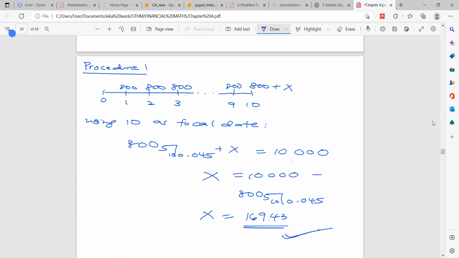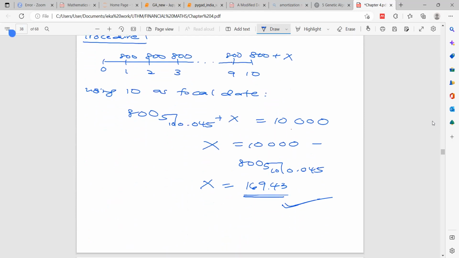Kalau procedure 1 ni maksudnya yang last payment tu melebihi daripada yang sepatutnya. So, regular payment kita adalah 800. So 800 times s angle 10 at i = 0.045, plus X is equal to 10,000.